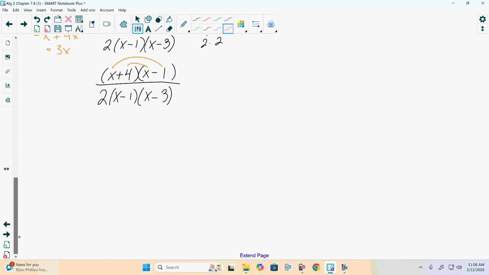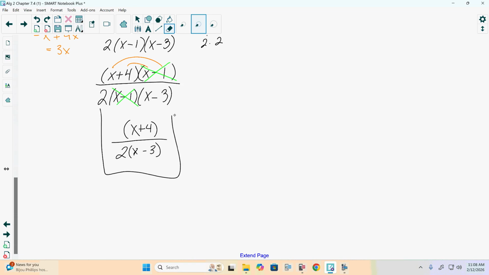So since those are the right factors, we can say that x minus 1 over x minus 1 will cancel out, leaving us with x plus 4 over 2 times x minus 3. And that's it.